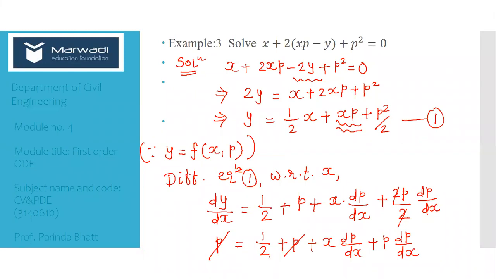Now the remaining term is 1 by 2 plus x dp by dx plus p dp by dx equal to 0. Clear, Kunal? Okay, ma'am. Clear? Yes, ma'am. All the terms with the positive sign. Okay? And right hand side, this is cut out, therefore here 0. And no need to change all the terms. That is as it is.